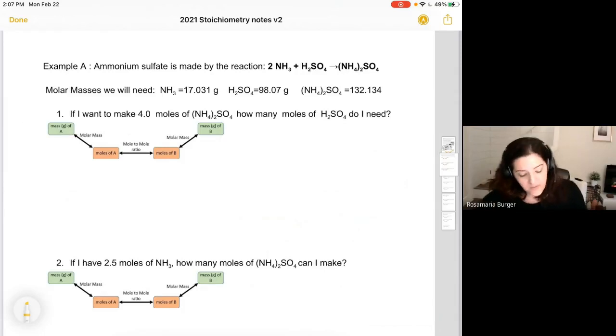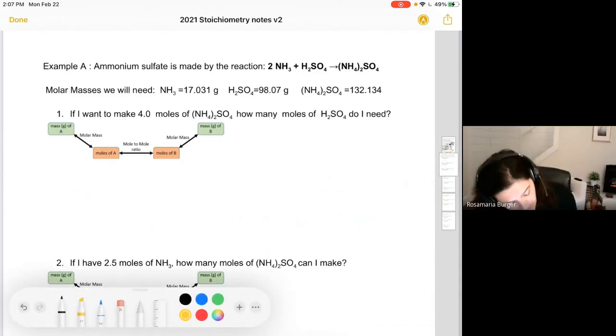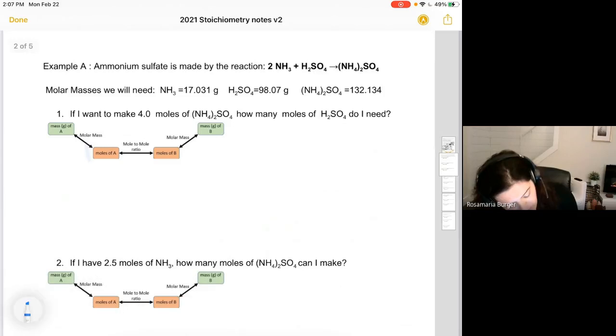So I'm going from, I'm going to highlight this in blue, moles A to moles B. So this should be a pretty quick change, okay?